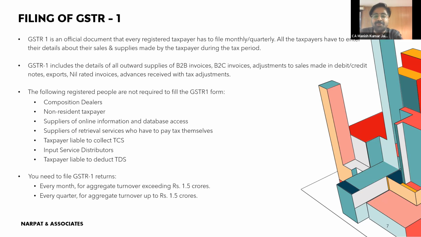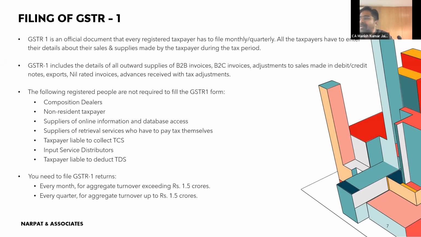Now we go for GSTR returns. GSTR returns can be filed monthly or on a quarterly basis. Most of the dealers file the returns on a monthly basis only. They don't go for quarterly, because in the quarterly way, you have to file the return quarterly, but pay the payment on a monthly basis, PMT 06.